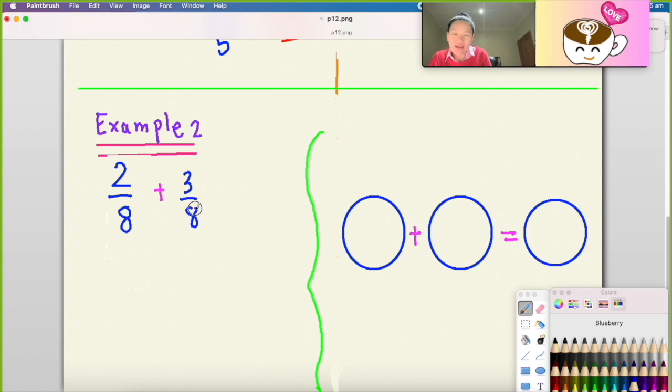Let's see, it's going to be equal. Grace, you remember what I teach you? Make the denominator the same. Just write down x here first. Grace, does that make sense? And then on the top here you have 2 plus 3.